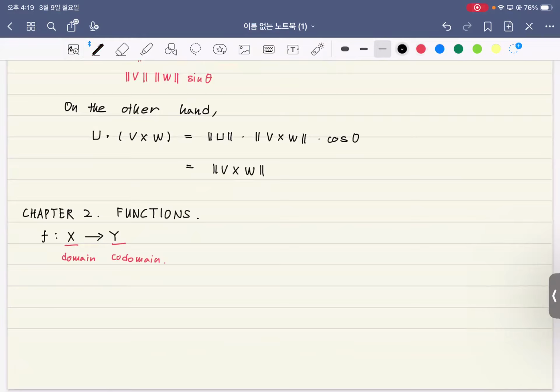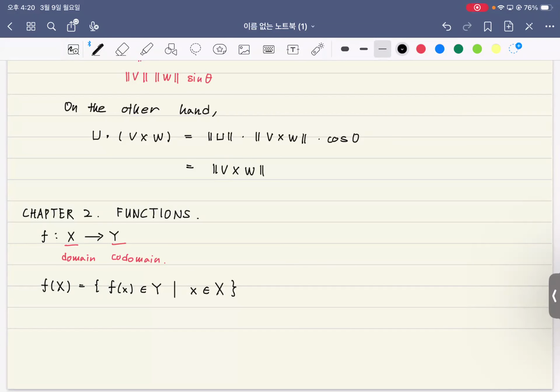Well, we usually use lowercase letters to represent an element in the domain, but if I put an uppercase letter, then this should be understood as a set, a subset of the codomain. So what is this? This is the set of f(x) such that x is in X. This is not just an element, but a subset of Y, right?